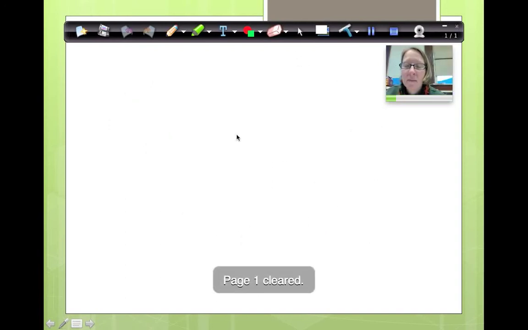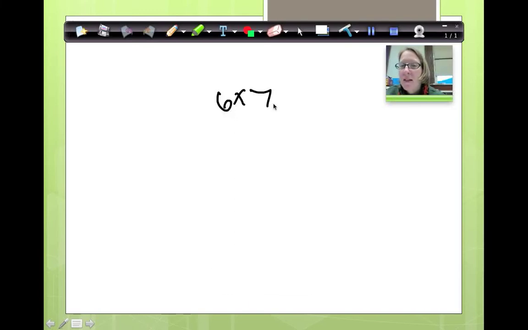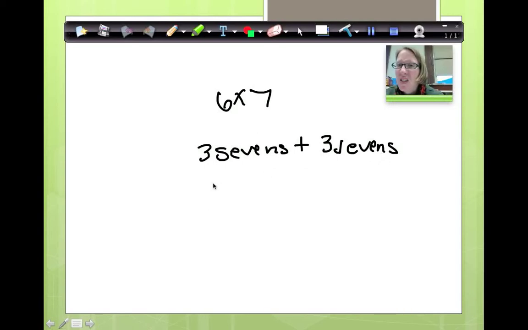What would be a distributive property of 6 sevens? We need to take it apart. Well, gosh, it could be 3 sevens plus 3 sevens. How else can you make 6? It could be 1 seven plus 5 sevens. What else could it be?